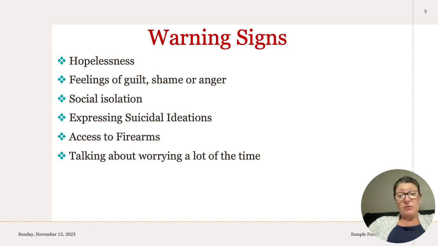He admitted to having suicidal ideations since his wife left, and he has a plan to shoot himself. What we need to know at this point is, does he have access to these firearms to carry this through? And another warning sign is worrying a lot of the time. So he was worried he can't see his kids. He hasn't seen his kids in a month.